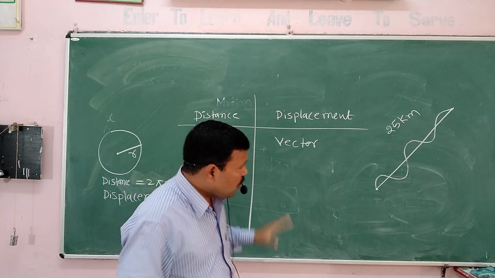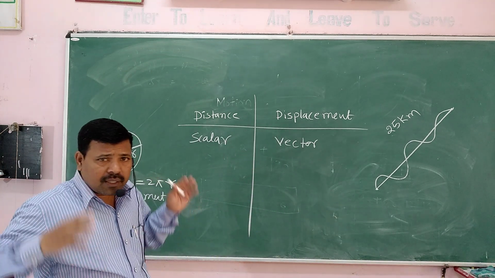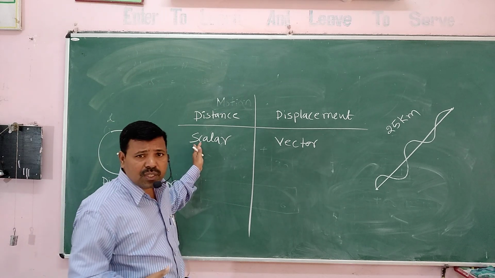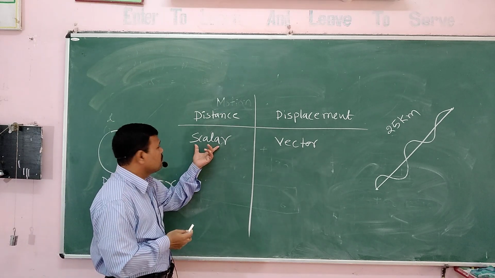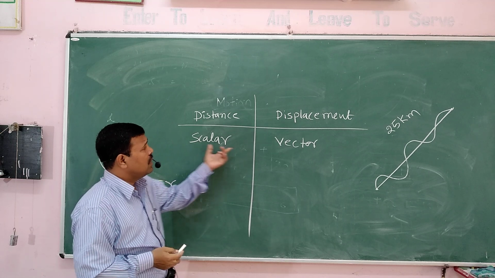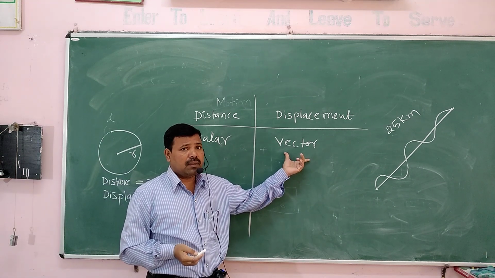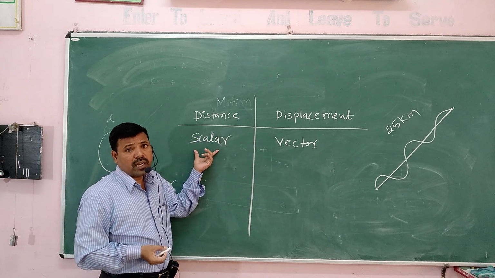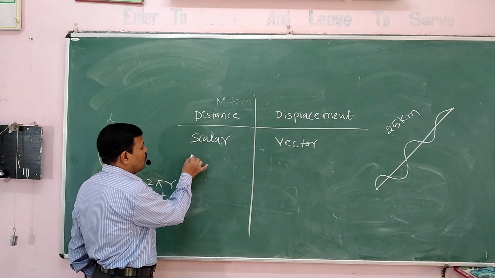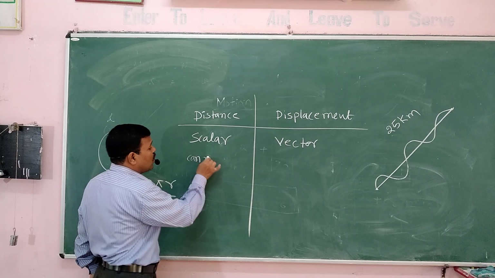Now let us try to differentiate. Distance is measured in meter and displacement is also measured in meter. Distance cannot be 0.